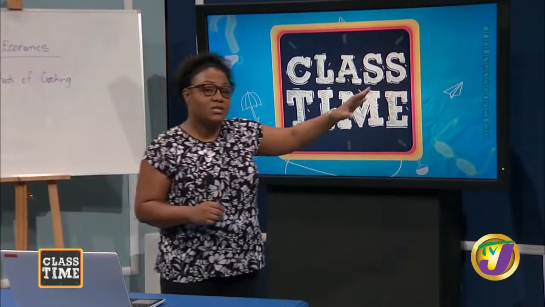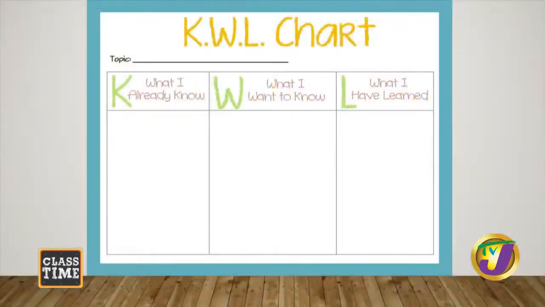So you're going to fill out today's topic, which is methods of cooking: what you already know, what you want to know, and at the end of the lesson, when you're ready to assess yourself, what you have learned from today's lesson.